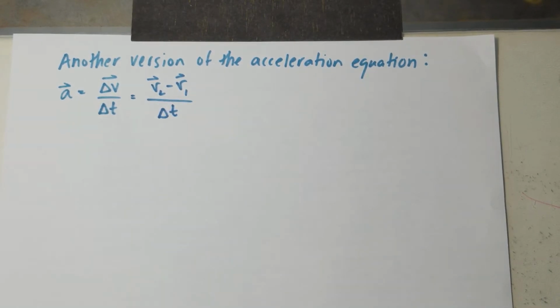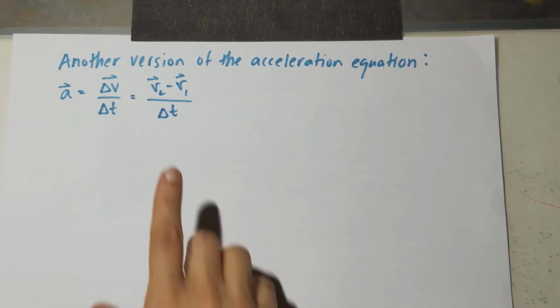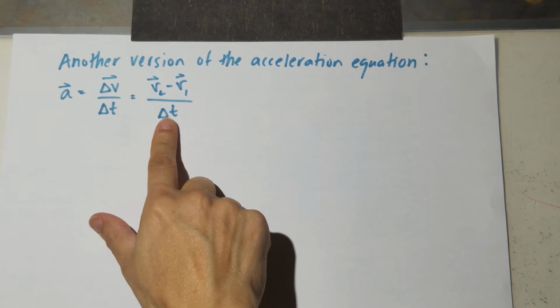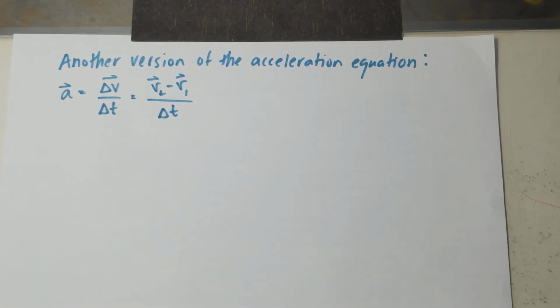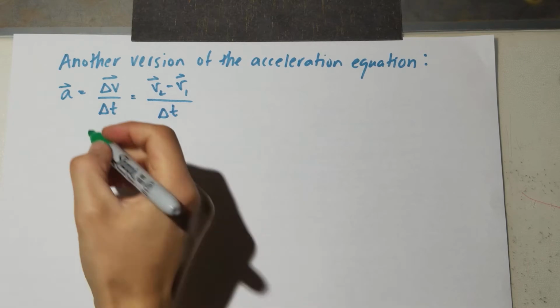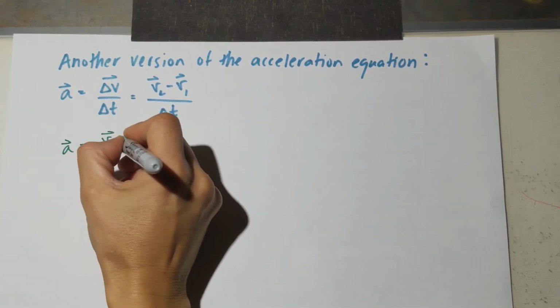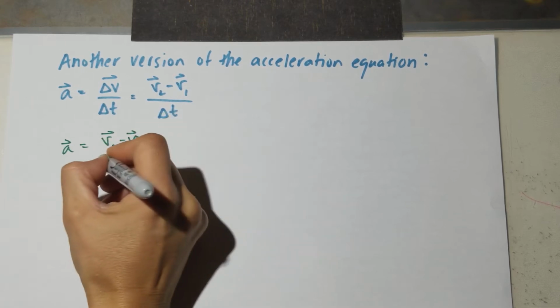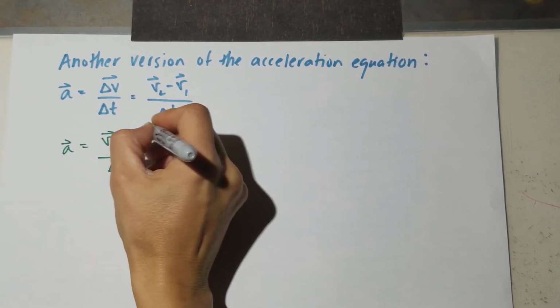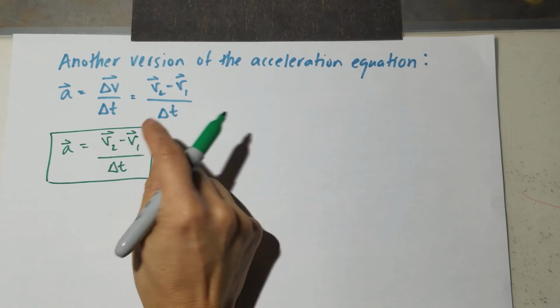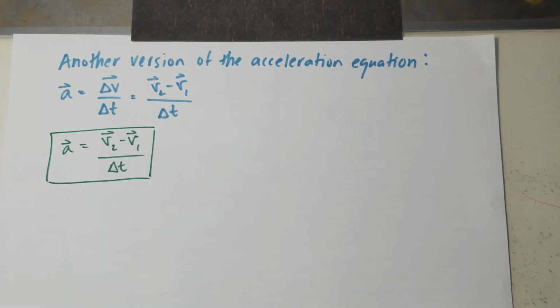So instead of delta V, I'm going to interpret it as two different velocities at two different times. You can separate the delta T as well, but often we say an interval of time. So now the equation looks like this. It's not any different. It's just the exact same one with the numerator expanded into two separate velocities.